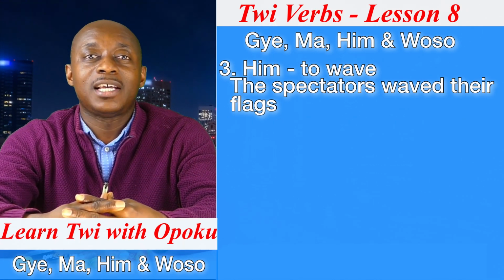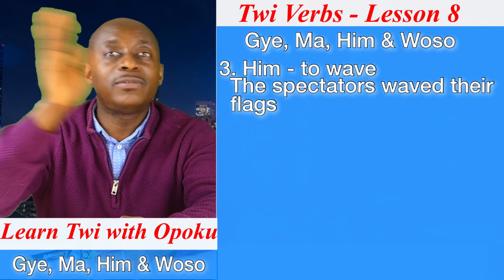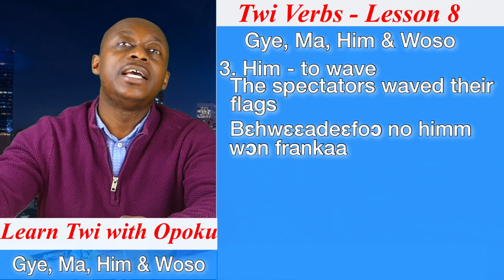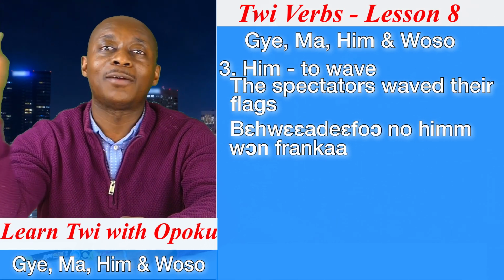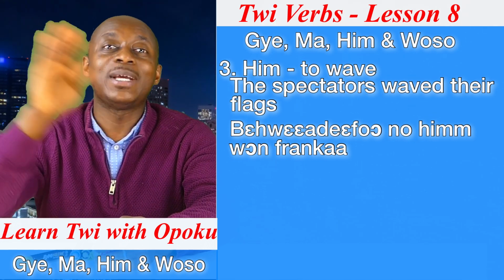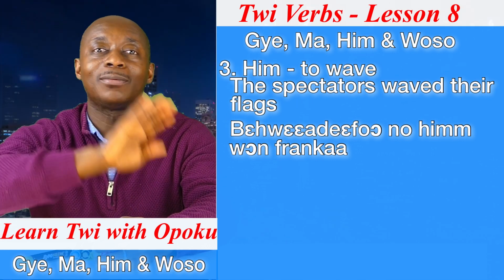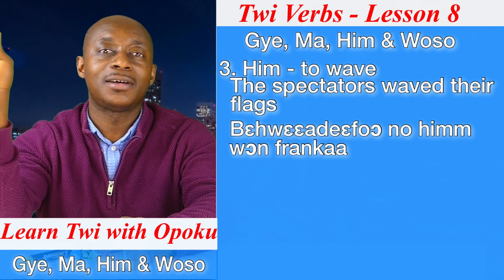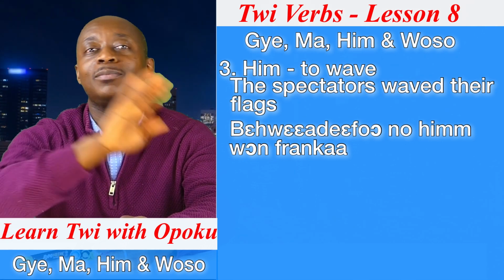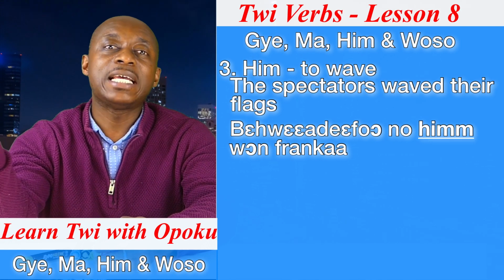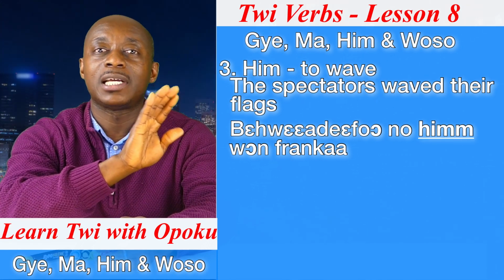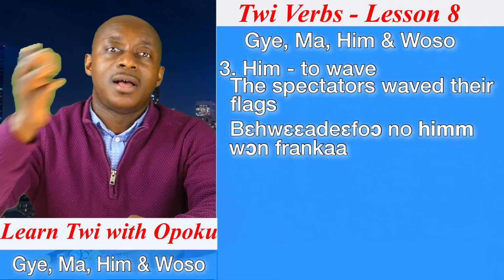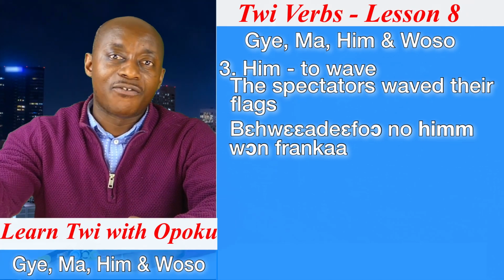So if we say the spectators waved their flags, in Twi we will say behwe adefo no him won franca no. The spectators waved their flag. I'm saying him because it is in what? The past tense. Good.